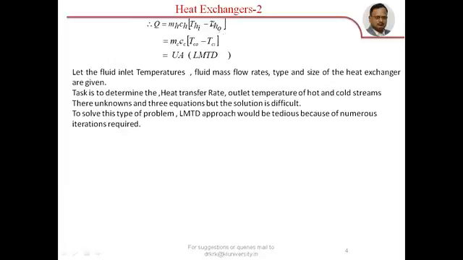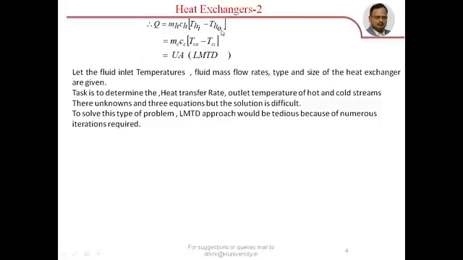One way is you assume THO, some value, then calculate Q, equate that Q and find TCO. Now you know THO, TCO, THI, find out LMTD, and then find UA LMTD, again find Q. If this Q and this Q both are same, then your THO assumption is correct.